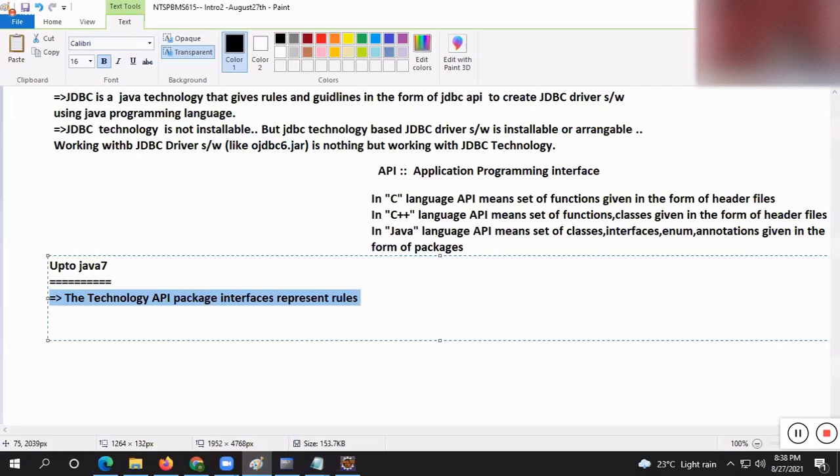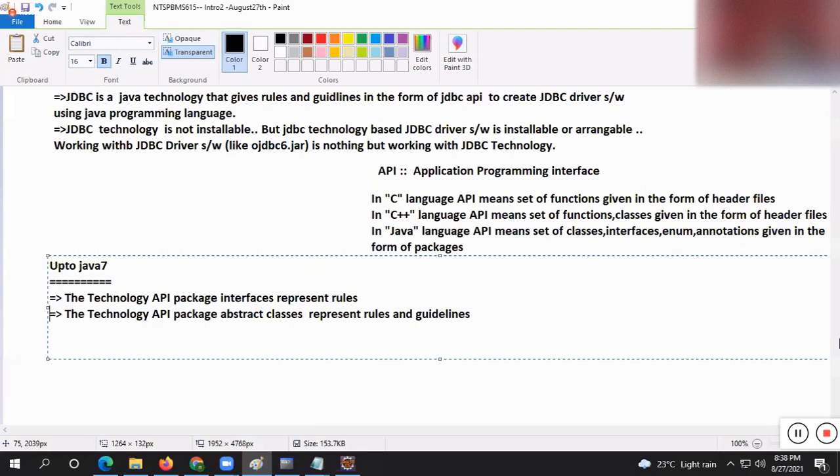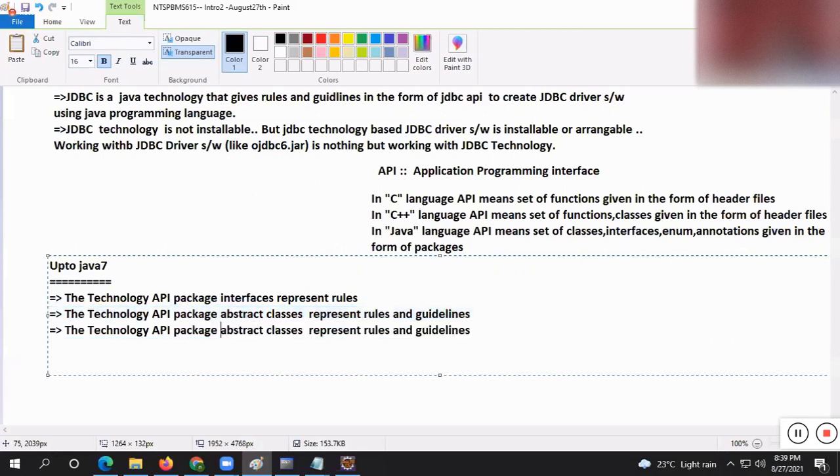Technology API package abstract classes represent rules and guidelines. The technology API package concrete classes, what classes, guys? Represent guidelines. Are you listening to my statement, guys? I think now you are able to understand.